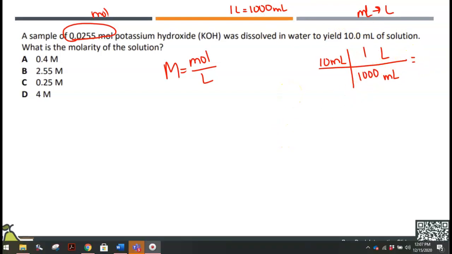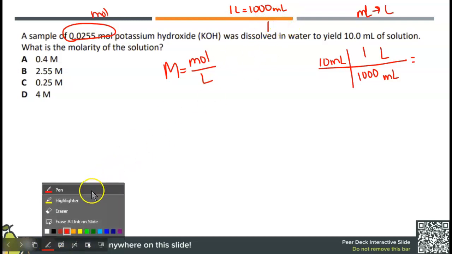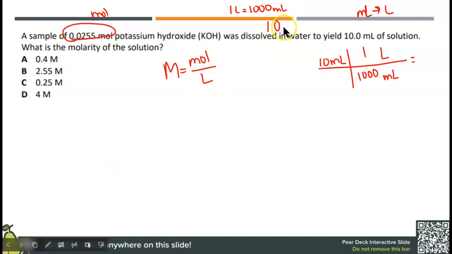Another trick is that if you want to divide by 1,000, you just move the decimal point over 3 times to the left. If my decimal point is here on 10, you move it 3 times to the left: 1, 2, 3. So I just have to add 1 more 0, and we have 0.01.